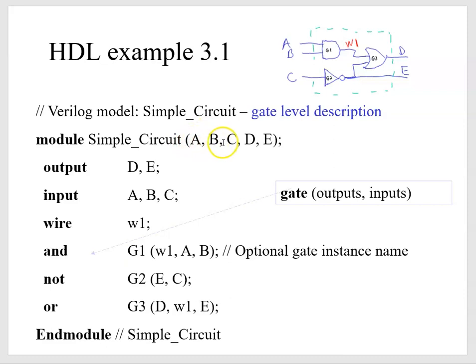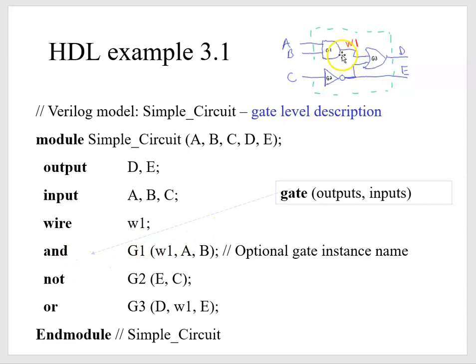For our circuit, we have inputs followed by outputs, but for the HDL predefined keywords, these gates have outputs followed by inputs. So we might want to follow that standard when we create our module port list as well, but we don't have to. But we have to use what's already predefined in HDL.